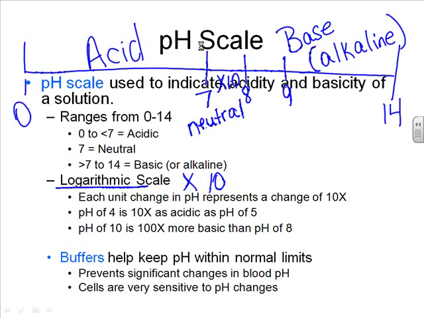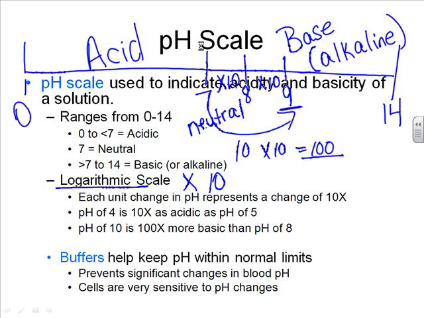If I go up to 9, that's another multiple of 10. So from 7 to 9 is 10 times 10. That's 100 times different. Something with a pH of 9 is 100 times stronger than something with a pH of 7.